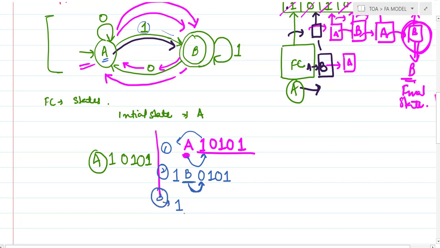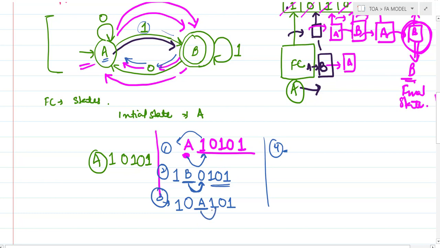This 1 is read already. You don't have to do anything with it. So 1 is read. Now at B, 0 is given as an input, so it will move to state A. So 0 is also read now. Now the state will come over here. The present state that we are in is A, and then we have the rest of the unread symbols. It's 1. Okay. Now let's take fourth one.